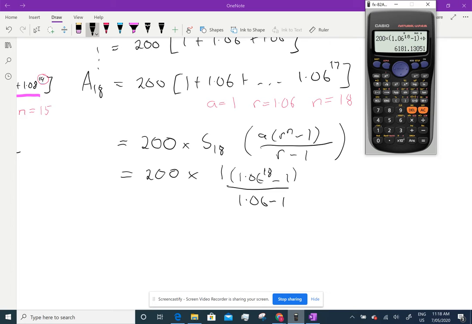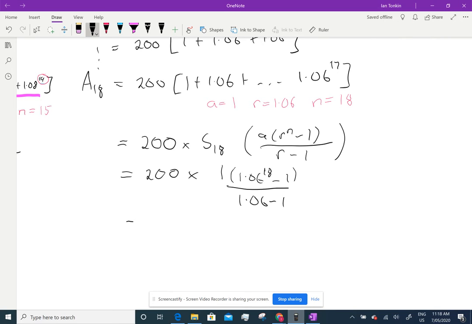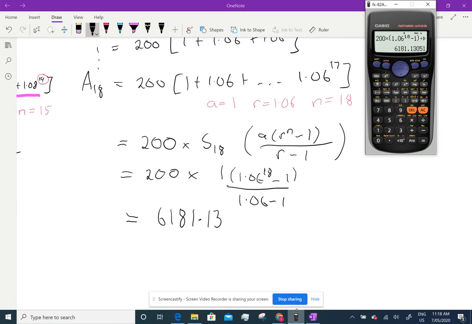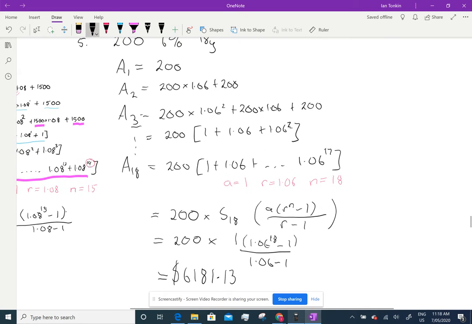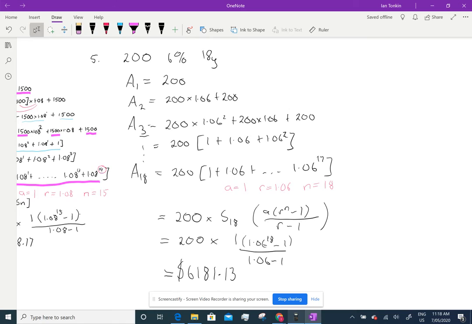And was it question 5? That's right. So the answer is 6181.13. Yep. $6,181.13. And as you can see, as you get better at these, they're slightly quicker, but you still need to set them out like that.